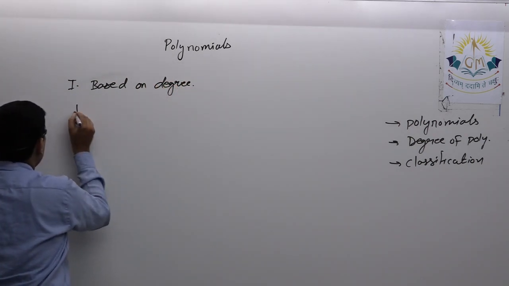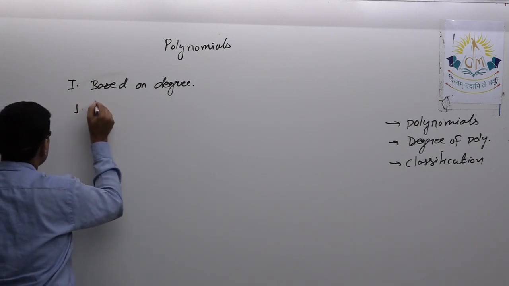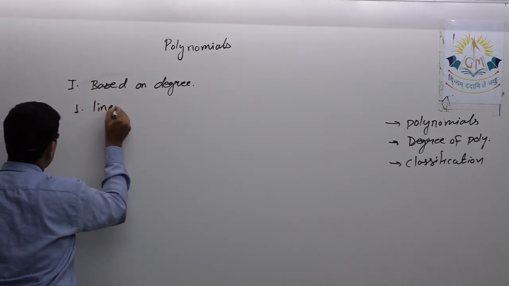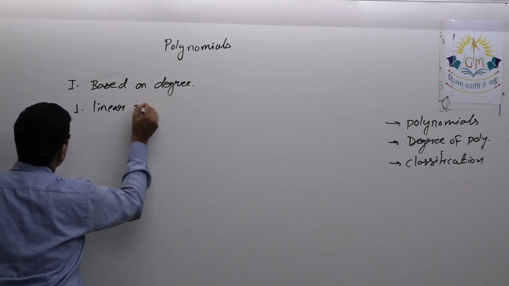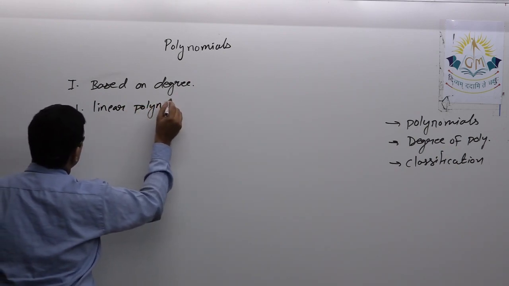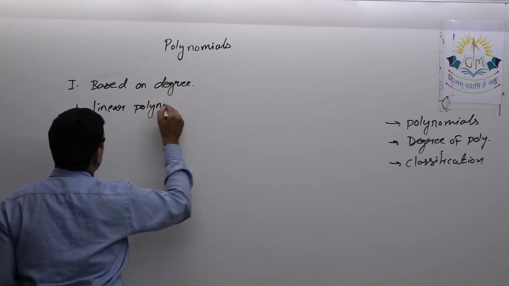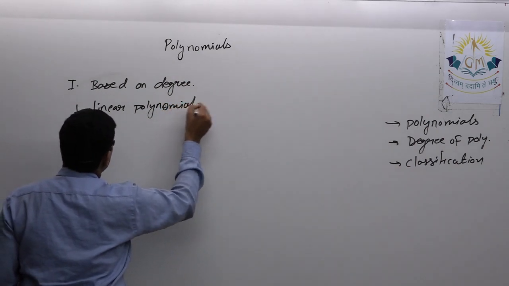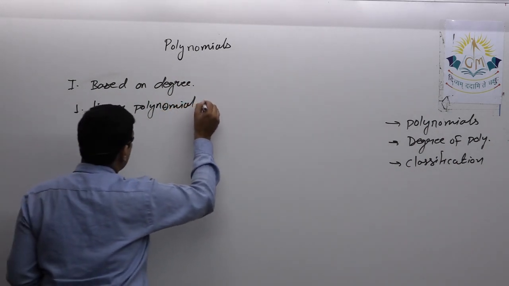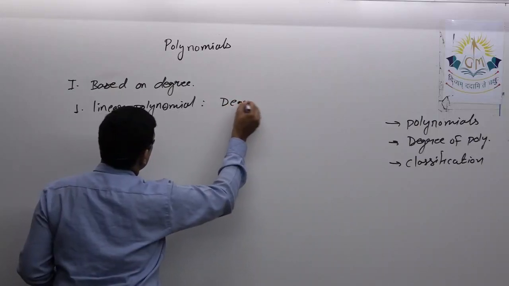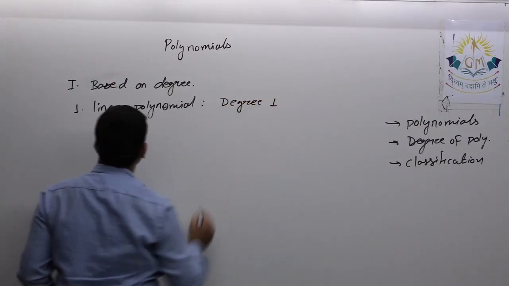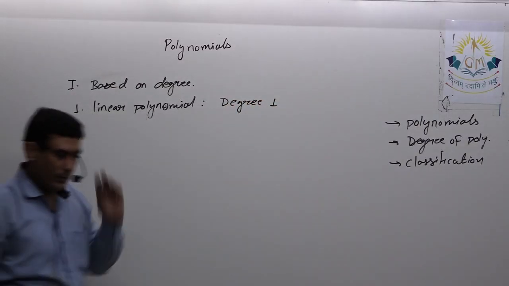the very first polynomial we'll say is linear polynomial, a polynomial with degree 1. In short, a polynomial whose degree is 1 is called a linear polynomial.